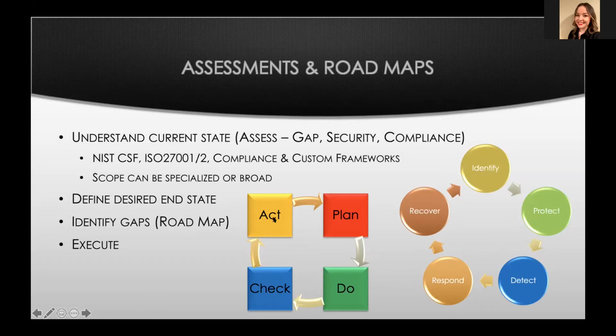ISO uses the plan, do, check, act scenario, and then they also have all of these domains. So they'll break things out like access controls, asset management, and they'll work through all of these specific technical areas where there'll be lots of questions and requirements within that. This is just an example, and again, every organization can be a little different, just to give you guys an idea and understand how these frameworks and how the professionals are looking at this today. We got a couple questions here.